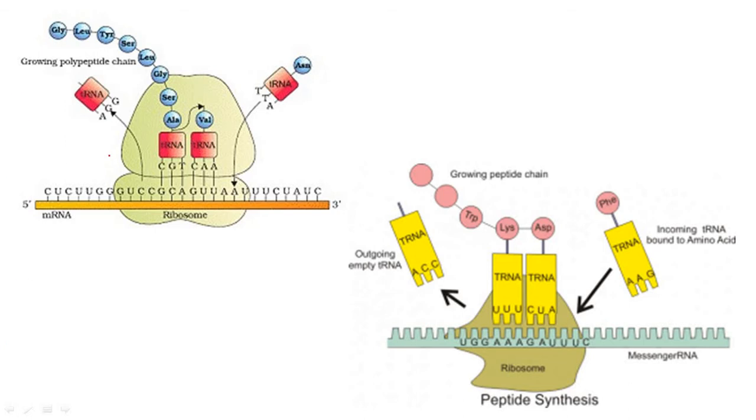Okay, let's start. Charging means the activation of the amino acids. It occurs in two steps. In the first step, the amino acid combines with the specific aminoacyl tRNA synthetase enzyme in the presence of ATP, in the form of an amino acid adenylate enzyme complex, and pyrophosphate is released, as you can see.